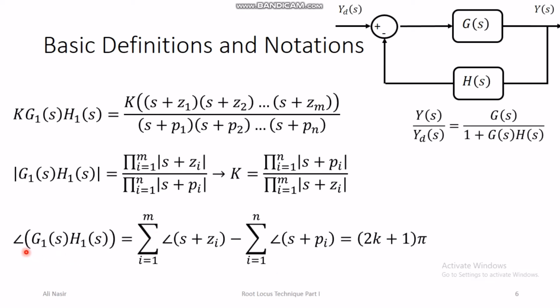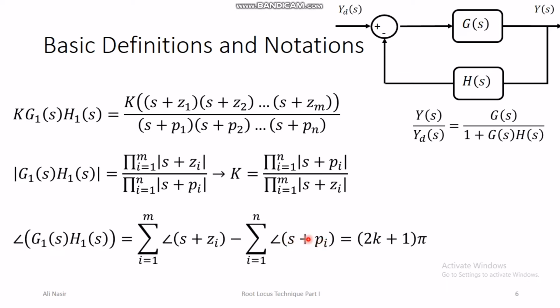The angle condition can also be written in terms of poles and zeros. The total angle of this transfer function would be the sum of all the angles due to zeros minus the sum of all the angles due to poles. Since poles are in the denominator, their angles would be subtracted.